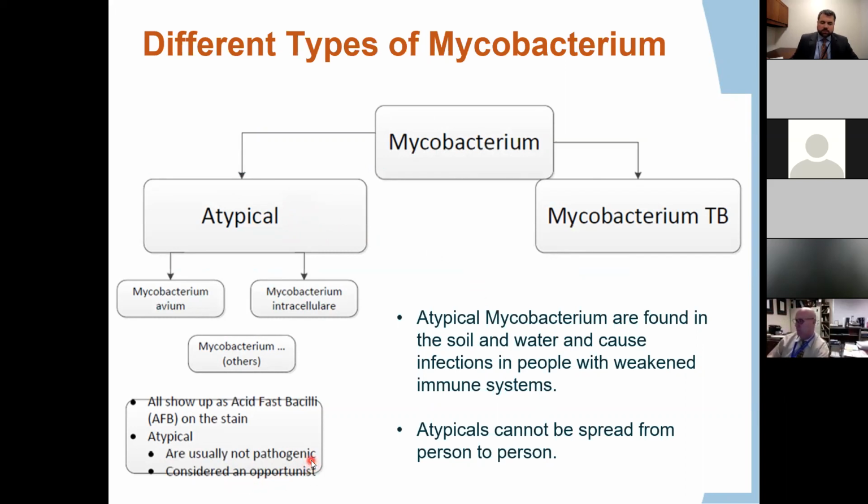When transplant patients take a shower, they're breathing in the mist in the air, which contains atypical Mycobacterium, and this is usually not something that we're worried about. Most healthy immune systems can take care of it.